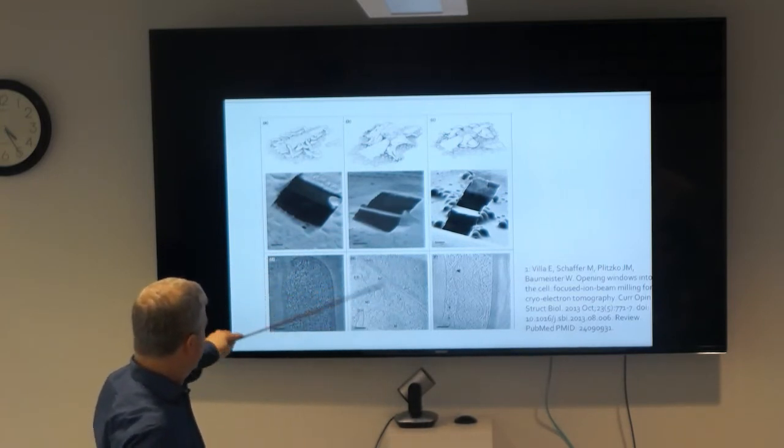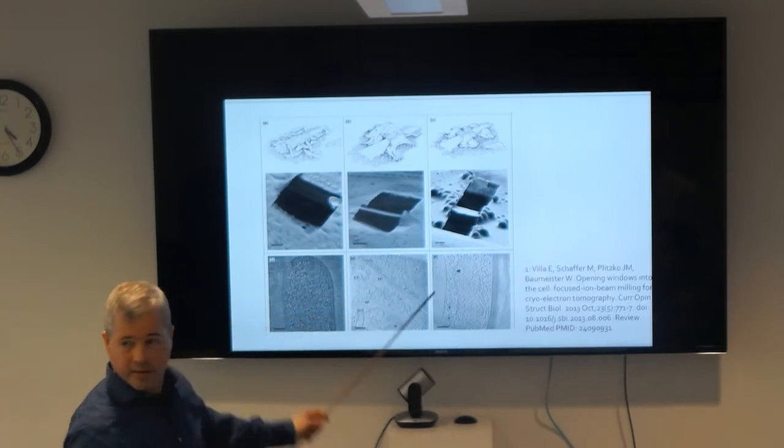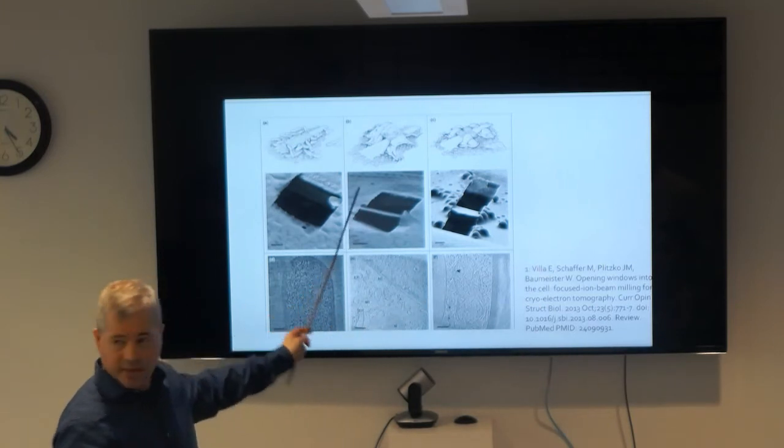And then these are tomograms. These are TEM images taken of this lamella. Actually, these are probably slices of a tomogram taken from this lamella.